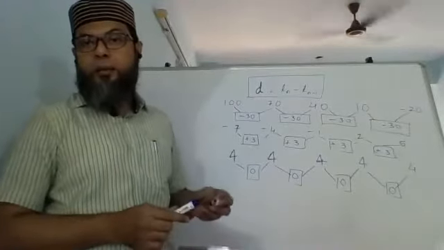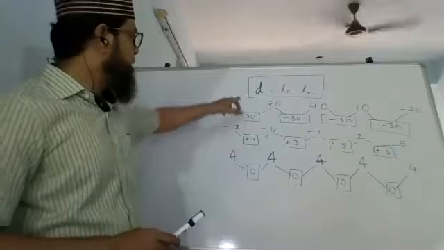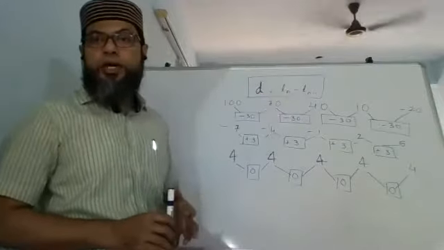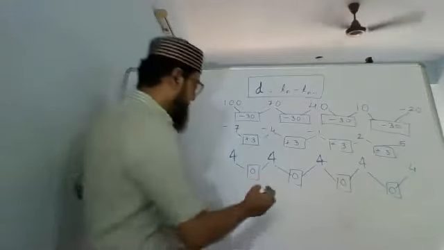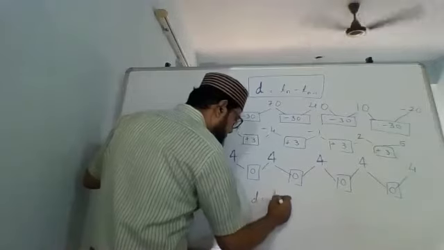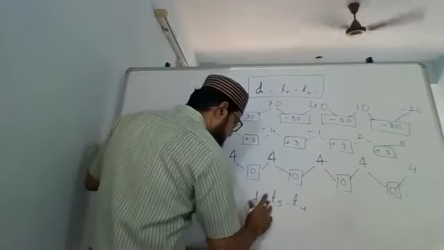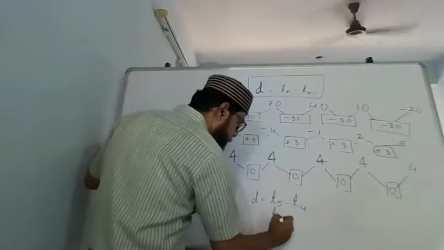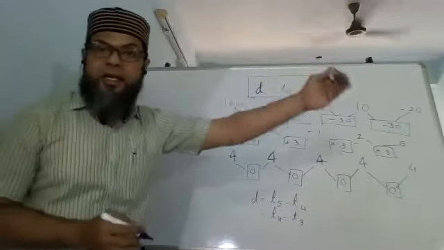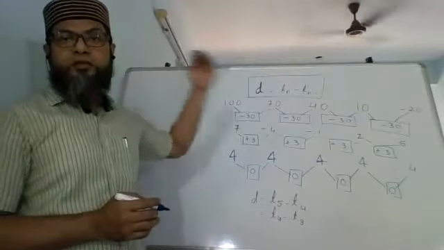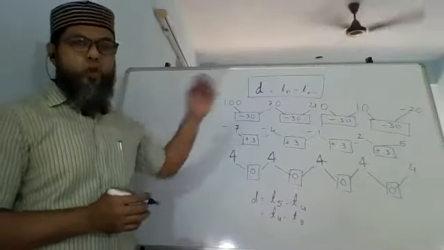For example, D equals T5 minus T4, or T4 minus T3 and so on. Second term minus first term. If it is the fifth term, then minus the fourth term; if seventh, then minus the sixth term, and so on.